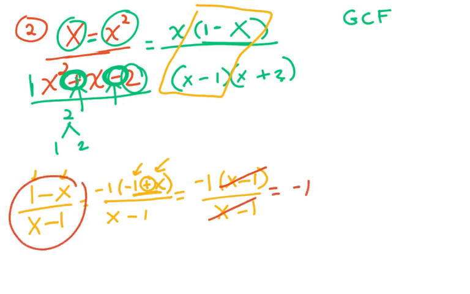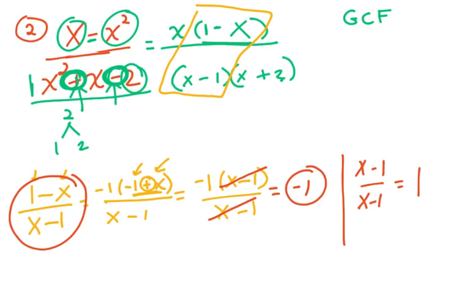So here's a big rule you want to notice: if you have exactly the same binomials with a minus sign between them, but it's reversed, the reduction can be factored into -1. Notice if this was x minus 1 all over x minus 1, that would be positive 1, right? Because they're exactly the same.